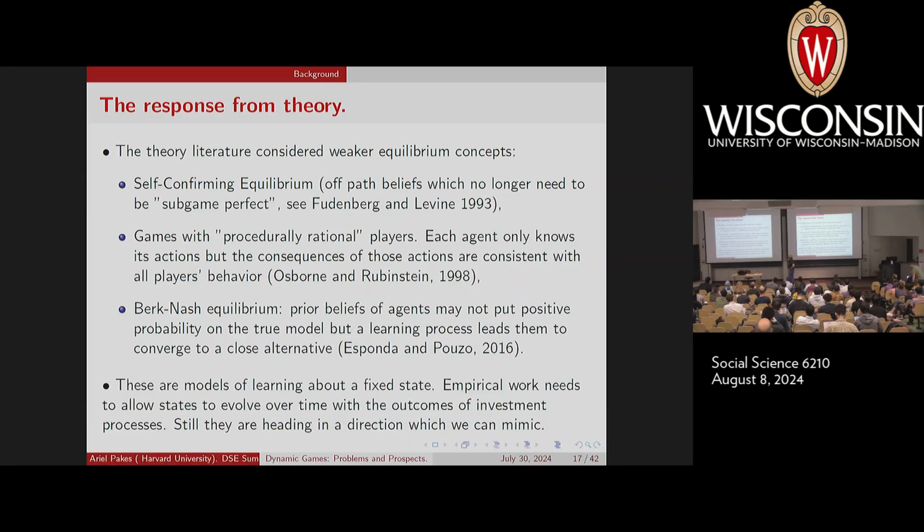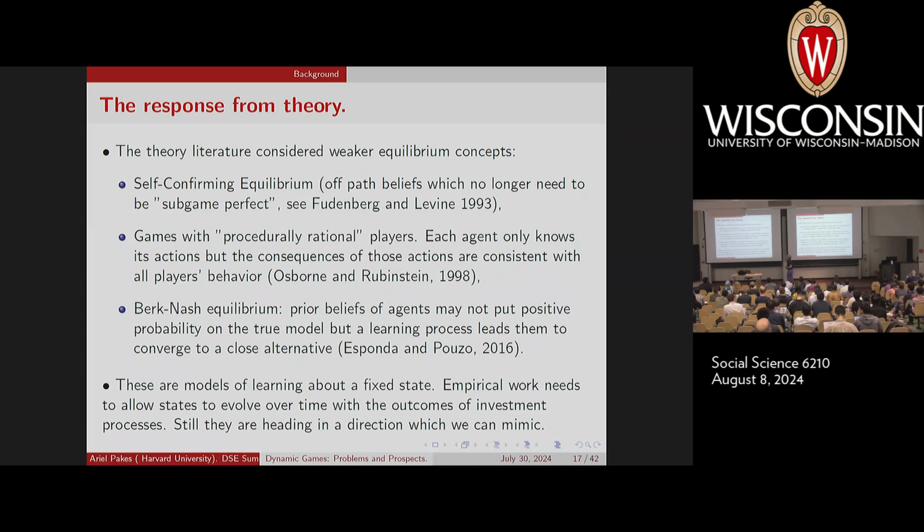In the theory literature, there are at least three approaches, and probably more. I'm not a theorist by any stretch of the imagination, but there were at least three things. They all gave up on perfection. Everybody knew that if you put in perfection and you have enough states, you just can't do much.